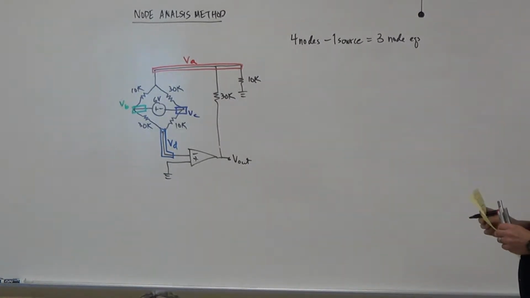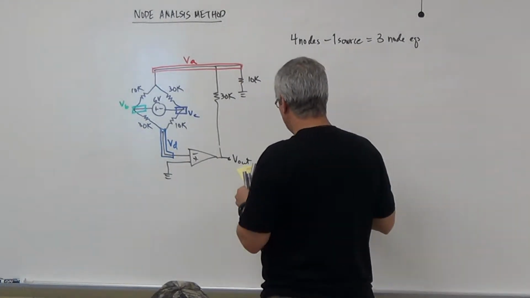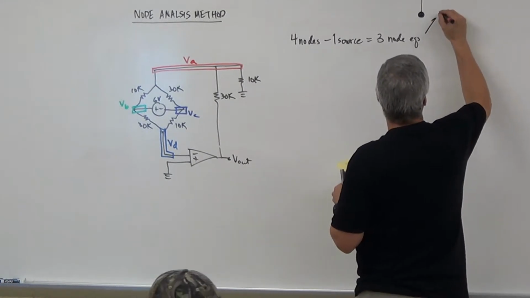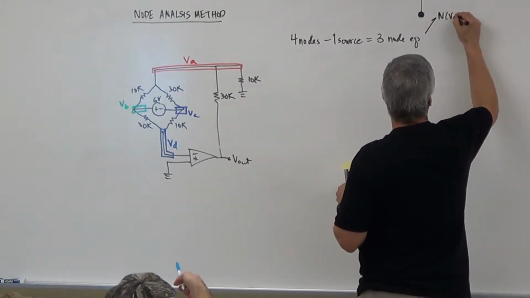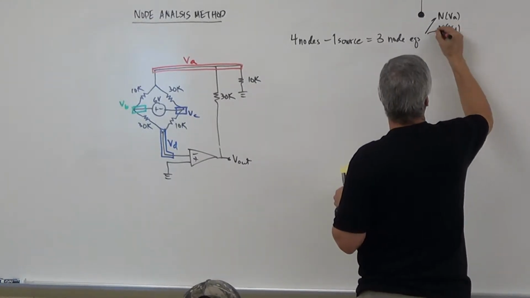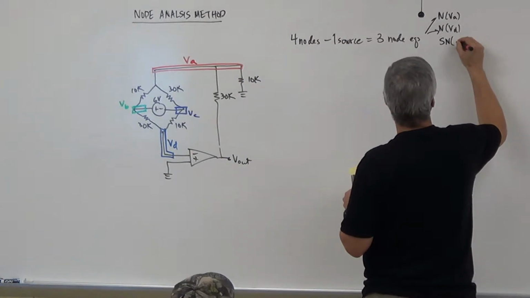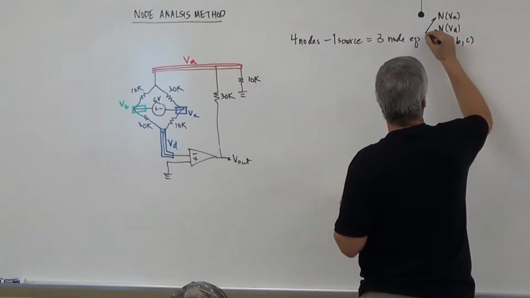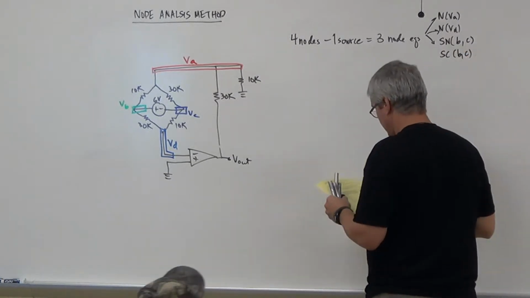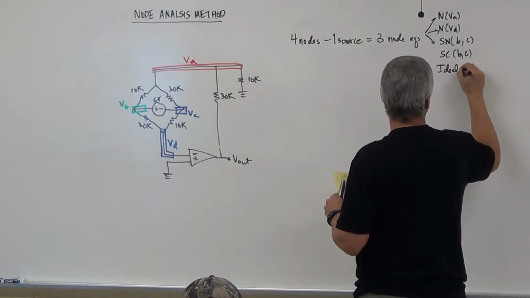Okay? So if I look at this, what am I seeing here? Well, that means when I look at my nodes, I have a node VA, I have node VD, and then I have a supernode between VB and VC, which then immediately gives me a supercondition between VB and VC. And then I have sort of the ideal conditions.